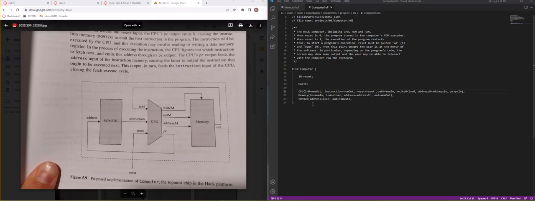And then for the output, you have the writeM, which basically becomes the load bit for the memory, whether to write or not. And you have the outM here, which is the value for the memory, and then you have the address for the memory. Get the output here, and then you have the loop here that's created.